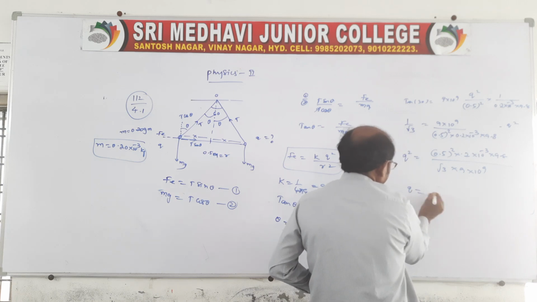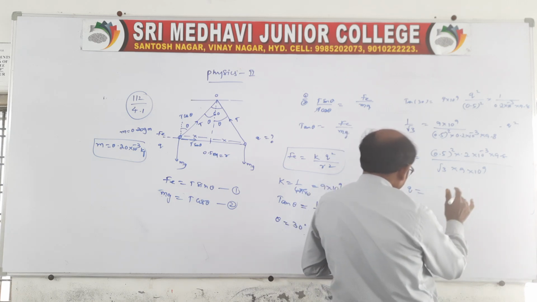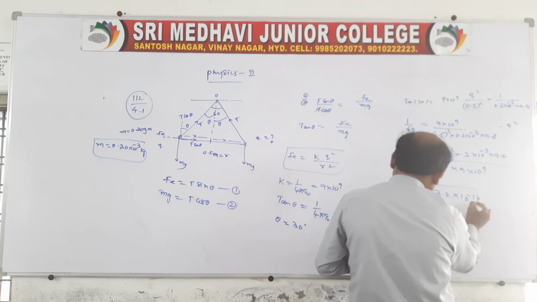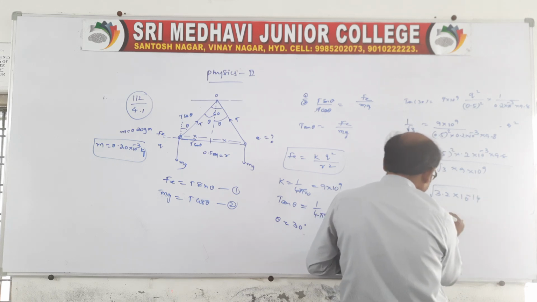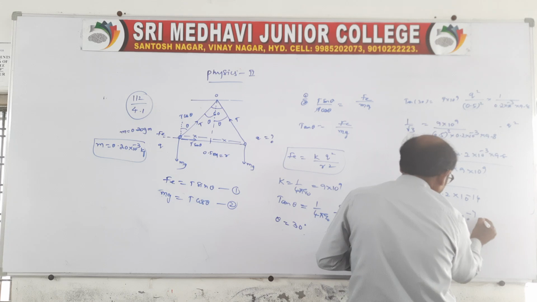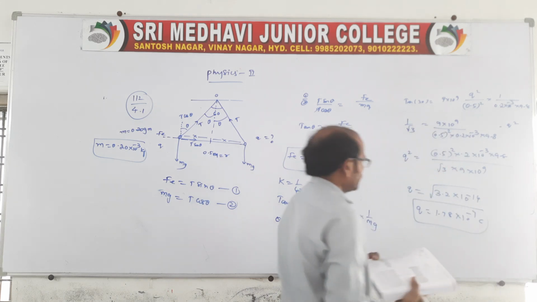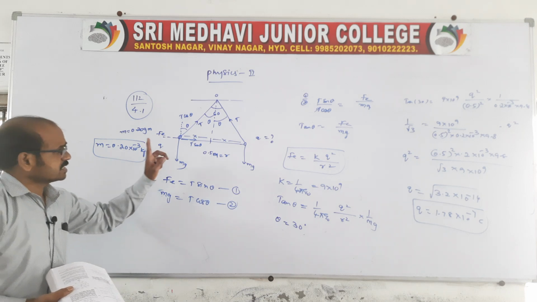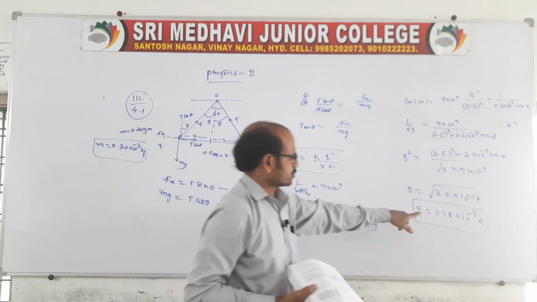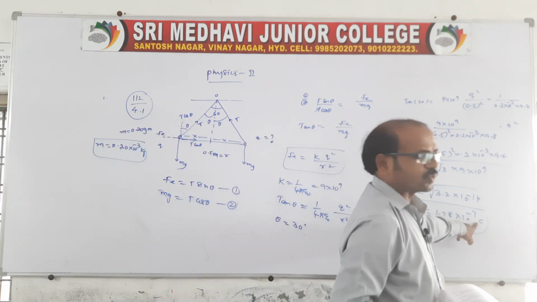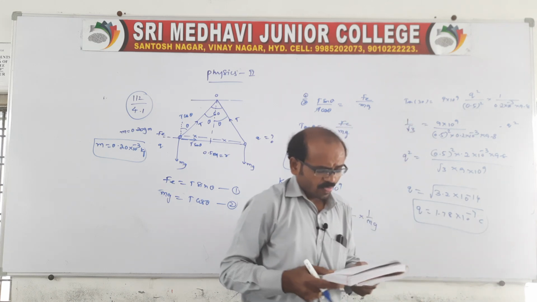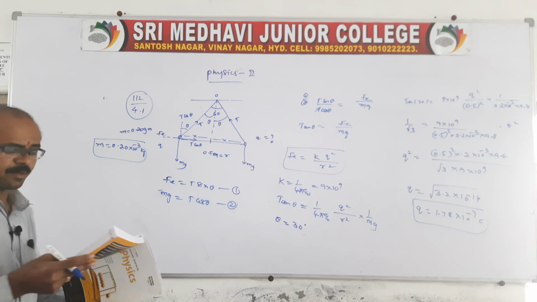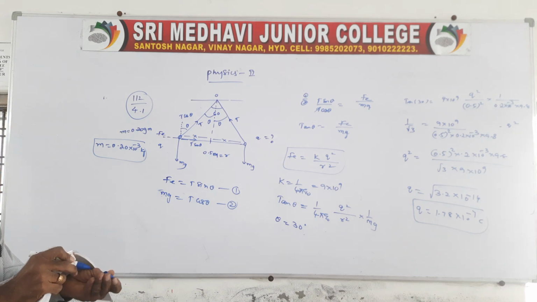After simplification we get q square as 3.2 into 10 power minus 14, then q is equal to 1.78 into 10 power minus 7 coulomb. This is the value of charge on each ball. This is one question based on Coulomb's inverse square law.